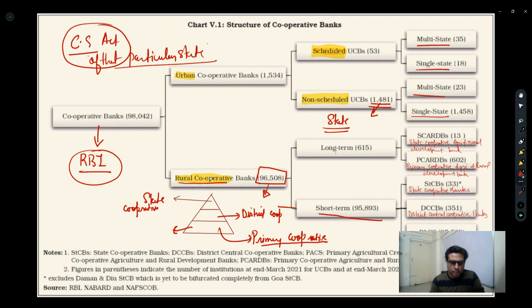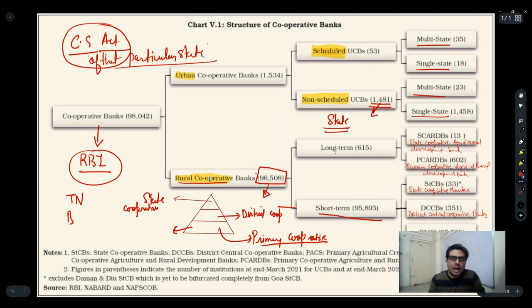one more PDF to show you. As I told you, every state has its own cooperative act, right? So there may be some changes, but not very many. There are small changes in the cooperative banking structure of the state of Tamil Nadu and the state of Bihar. Right. There is not too much change.